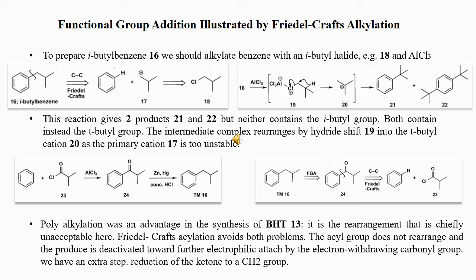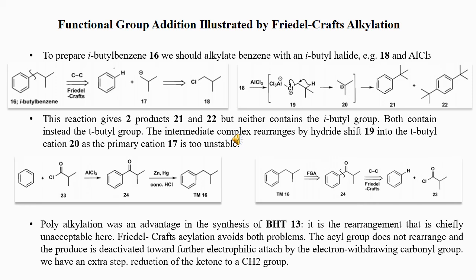Now if we check compound number 23, if we use it rather than compound 18: compound 18 is an alkyl halide, while compound 23 is an acyl halide.